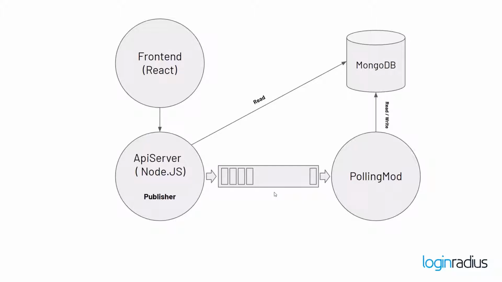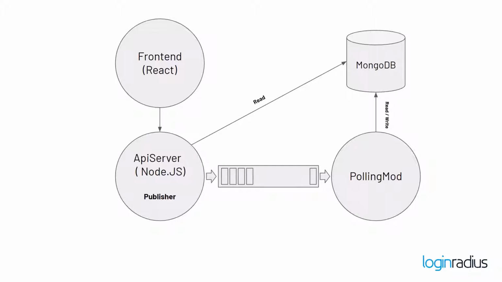It drops some messages on the messaging queue, and the polling module is intended to read those messages, do something with those messages, and update the MongoDB. So the polling module is basically writing to MongoDB and reading from it as well. The API server is only reading from the MongoDB. The front end is written in React. So those are the five components here as of now. We shall be introducing another one at a later point of time, but more on that later.